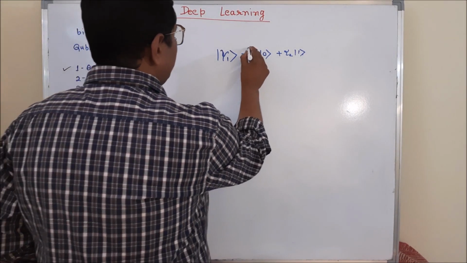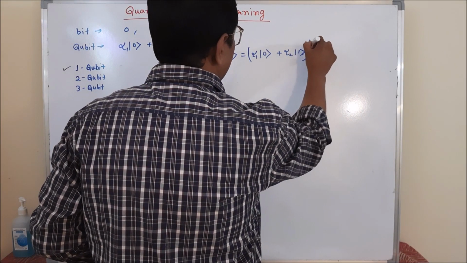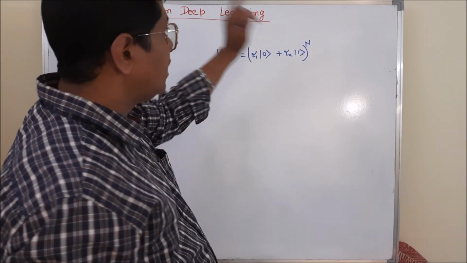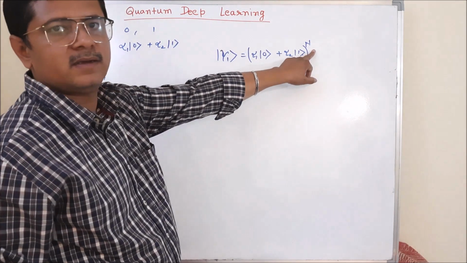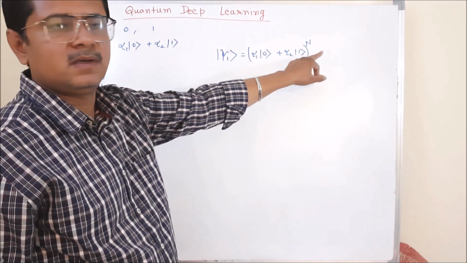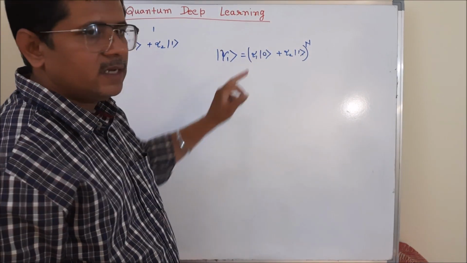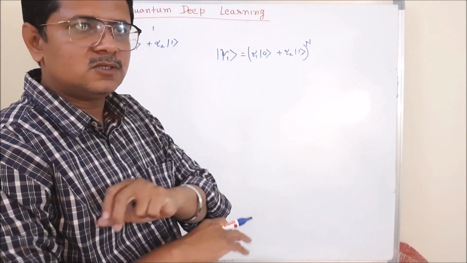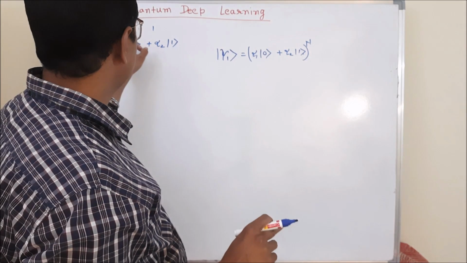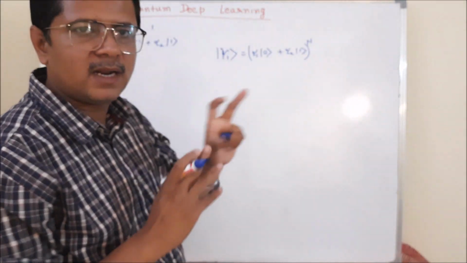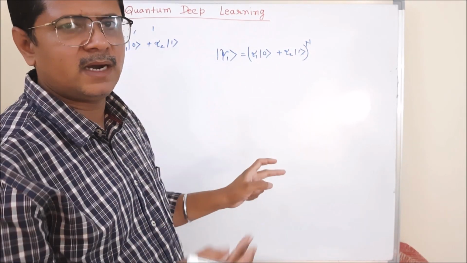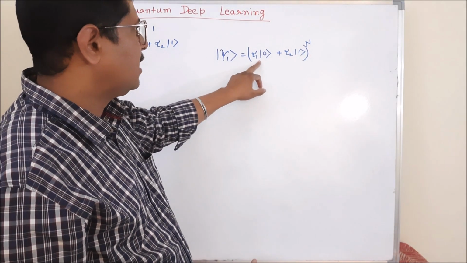Now if we take the power n, then parallelly we can run n qubits in the same system, and this improves the computation many times compared to the traditional bit system. Near to full parallelism we can achieve.